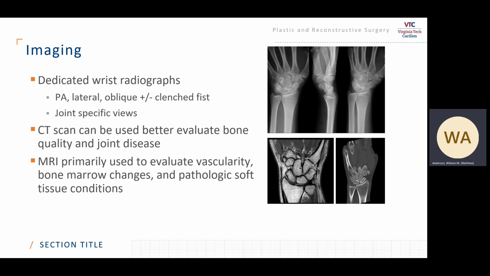CT and MRI are not commonly used, but CT specifically can be used to better evaluate bone quality and joint disease, whereas MRI can be used to evaluate vascularity, any changes in the bone marrow, pathologic soft tissue conditions, and can also better delineate joint disease.